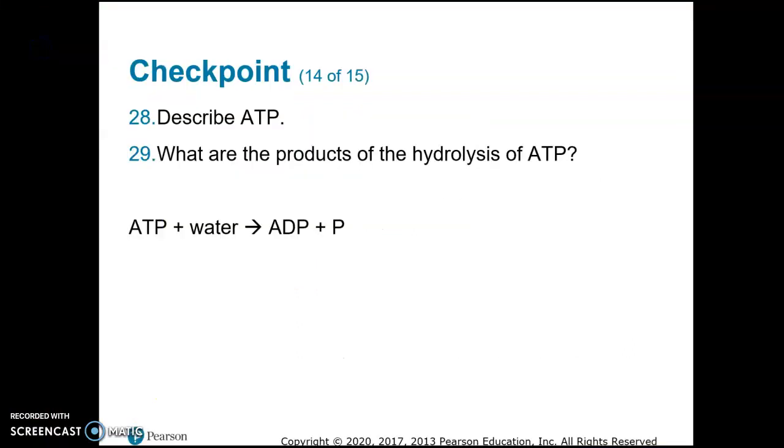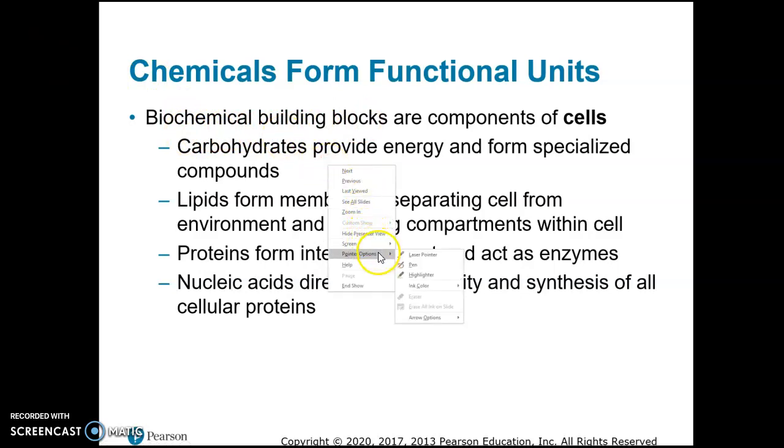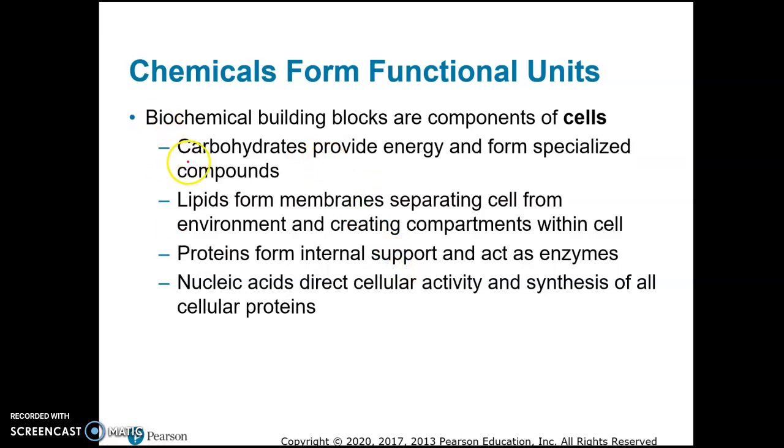Let's go back. All right, you do need to know the biochemical building blocks. It's just another way of saying macromolecules that I've been saying for the past few lectures. The macromolecules of living things are carbohydrates, lipids, proteins, and nucleic acids. Make sure you know those 4 groups and that they are called biochemical building blocks.